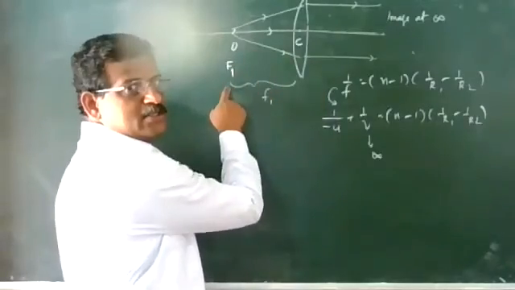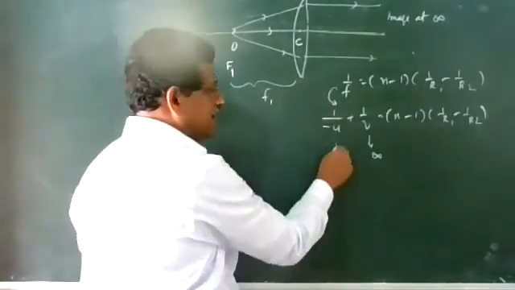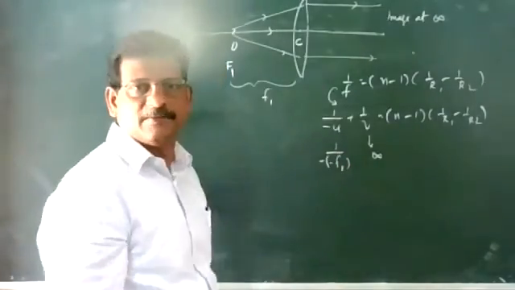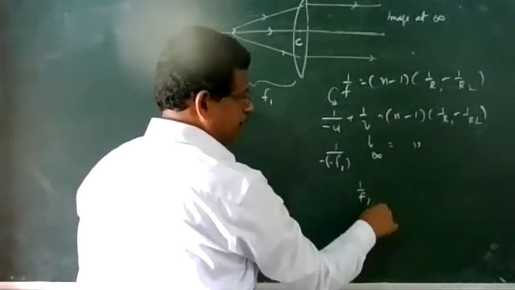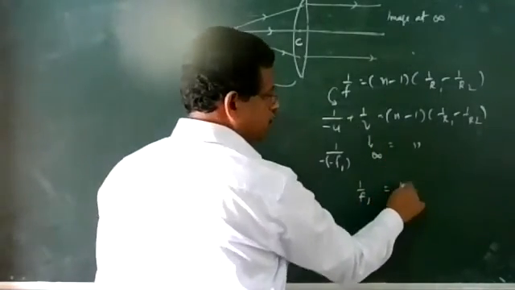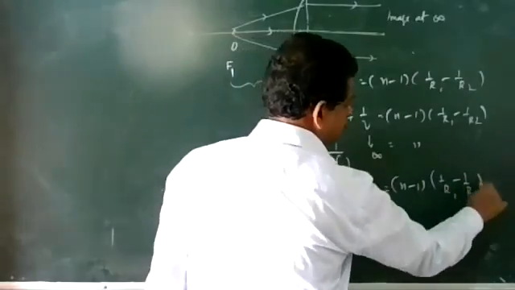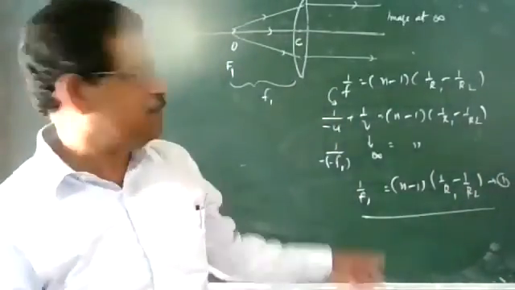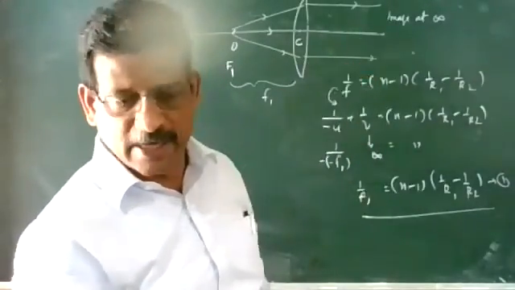The distance of the object to the optical center, taken as minus of minus F1, measured on the left side. So 1 upon F1 plus 0 equals (n minus 1) by R1. You can write it directly, but I am using U and V because object distance and image distance are mentioned in this case.